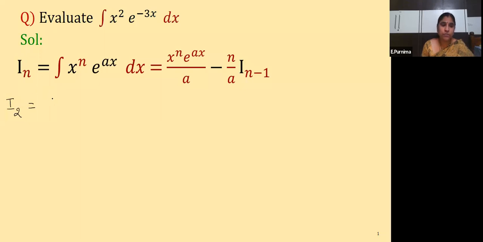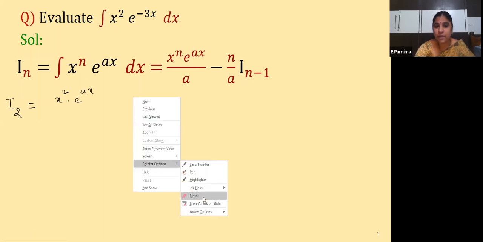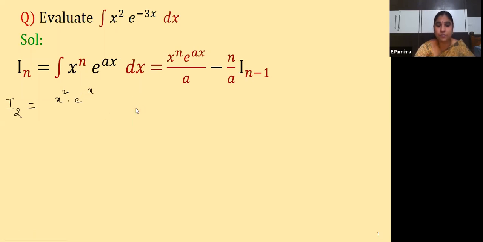I2 is equal to, what is the formula here? Let's substitute in this formula. I2 is equal to x square into e to the power of ax. What is a? A is nothing but minus 3. So let us replace that. A is equal to minus 3. If you remember that formula, then that will be easy for you.